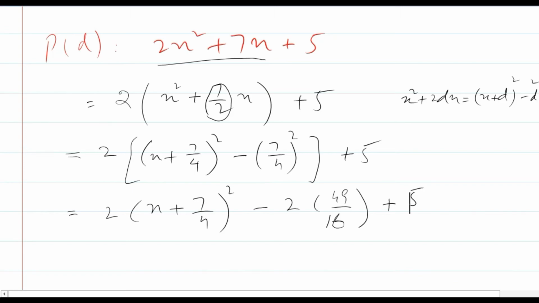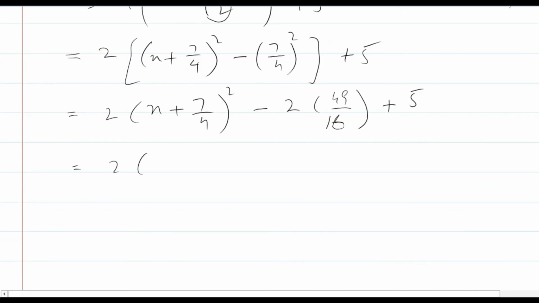On further simplification, you will get 2 times (x plus 7 over 4) whole square minus 49 over 8 plus 5 over 1.